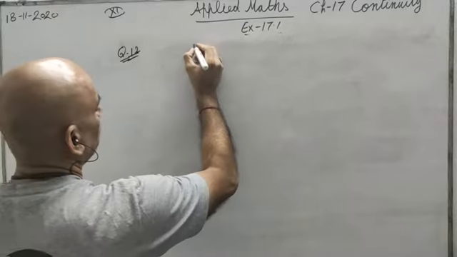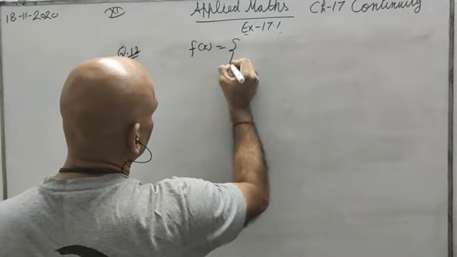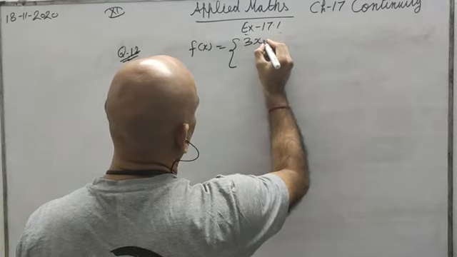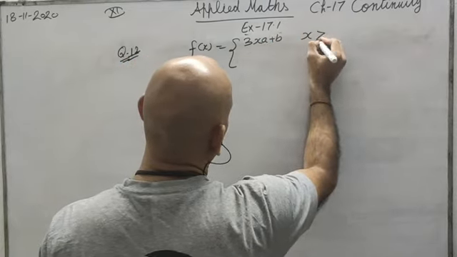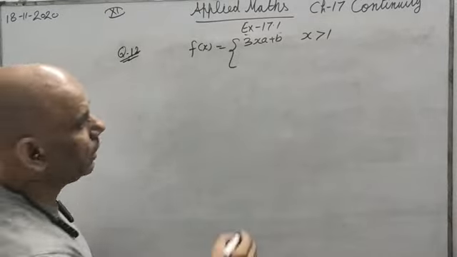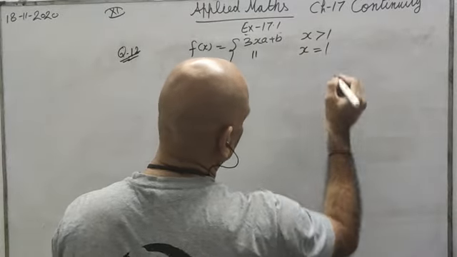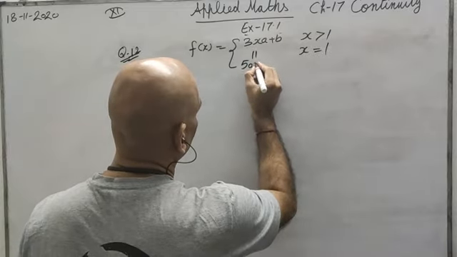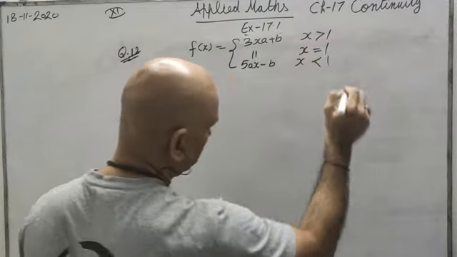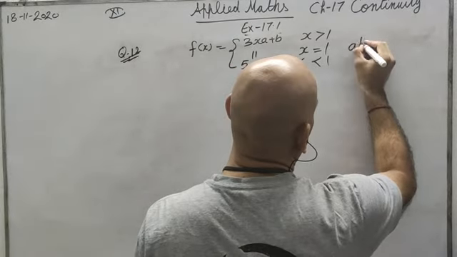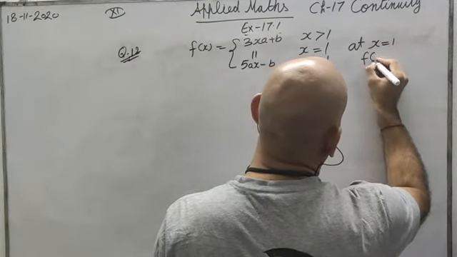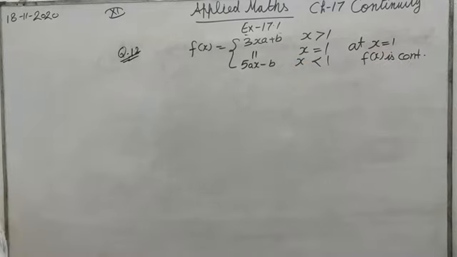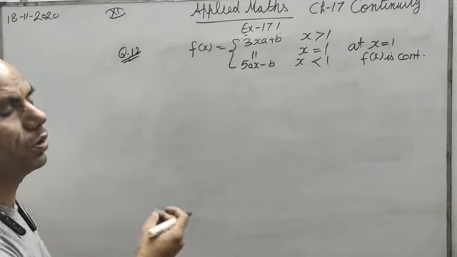The function f(x) is given as 3ax plus b when x is more than 1. Its value is 11 when x is equal to 1, and it is 5ax minus b when x is less than 1, and at x equals 1, f(x) is continuous.